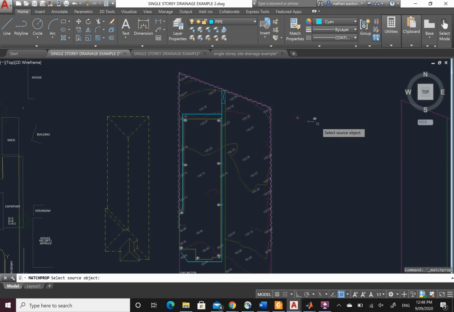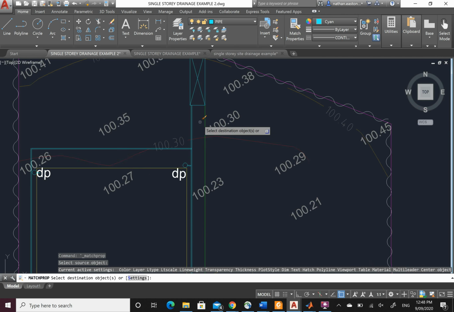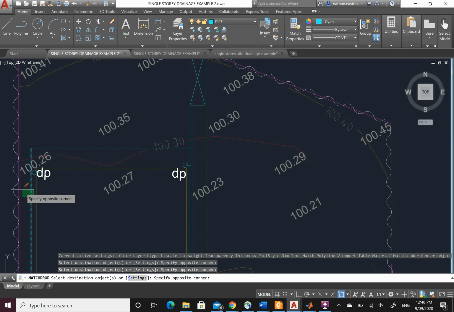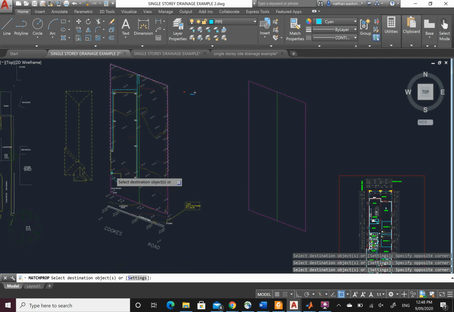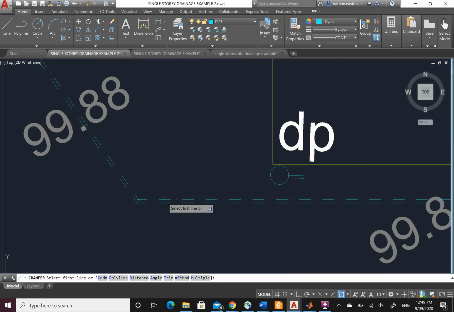So match properties, let's take it from here. Well, matching these is showing my pipe work. And here. Cool, now I've got a bit of overlapping. Obviously these are continuous, so let's chamfer the ones that are clashing.